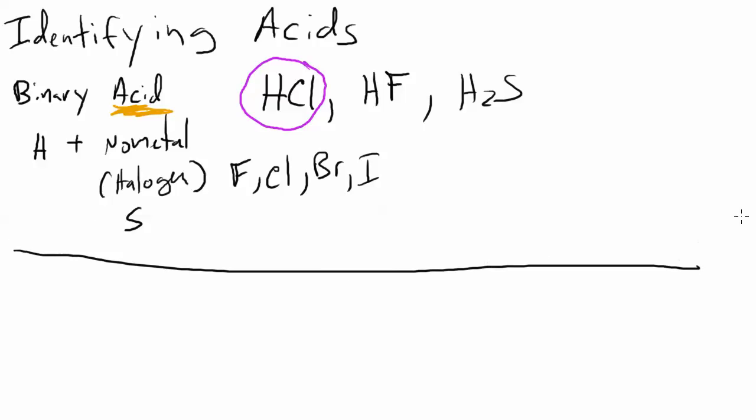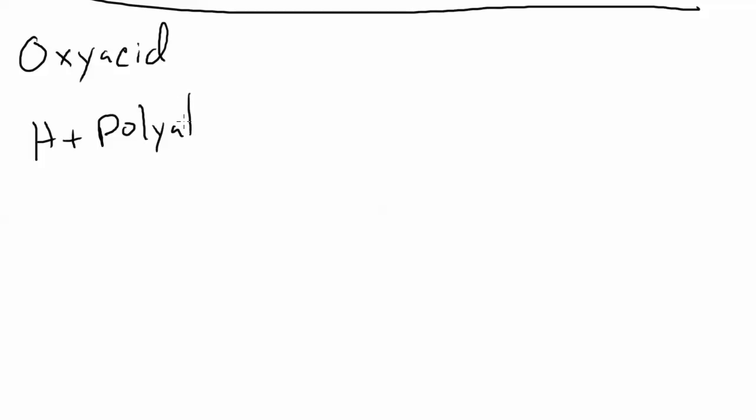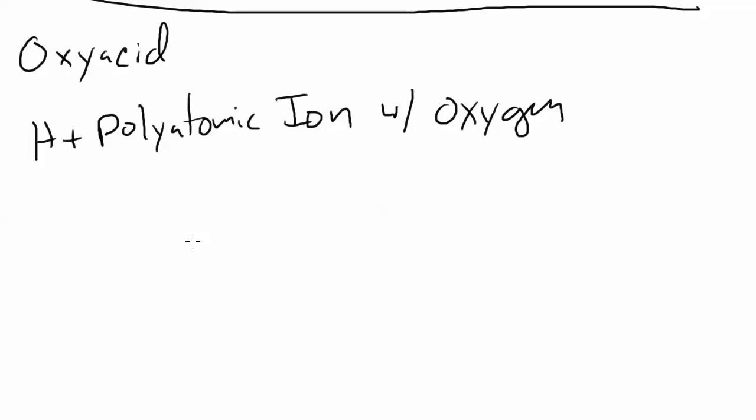The second one that we're going to look at, a little bit more complicated, they're called oxy acids. So an oxy acid, again, is hydrogen plus something, but it's plus a polyatomic ion that has oxygen in it. So you have your table of polyatomic ions.